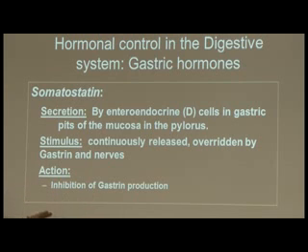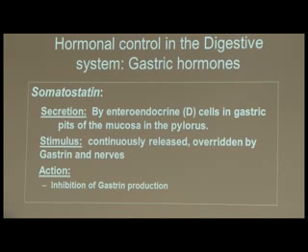The hydrochloric acid in our stomach is critical to the health of the stomach, but if we have too much hydrochloric acid all the time, then it promotes the erosion of the mucosa of the stomach. So when food isn't in the stomach, we don't want hydrochloric acid being produced. So somatostatin is being produced all the time, and it limits the production of hydrochloric acid.